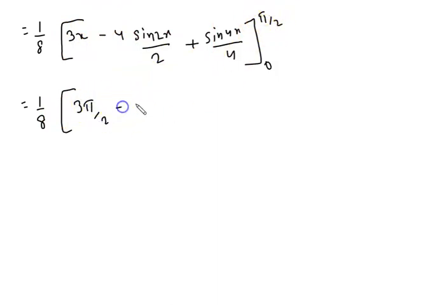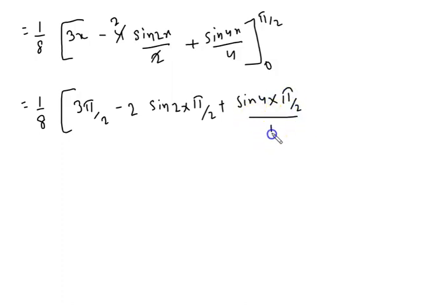So 3 pi by 2 minus 4 into sin 2x by 2, that is 2 sin 2 into pi by 2, plus sin 4 into pi by 2 by 4.